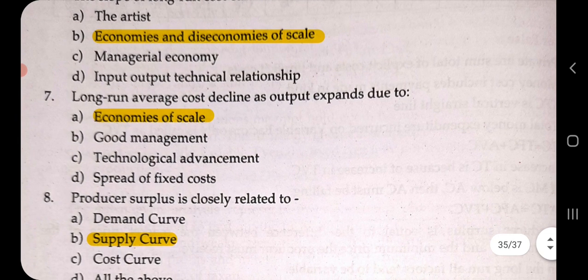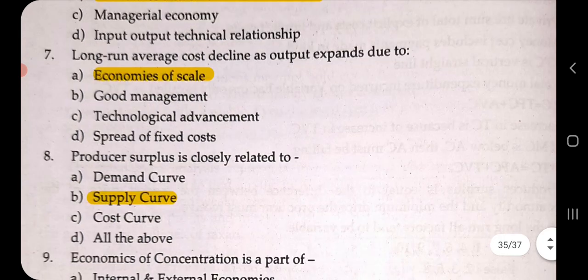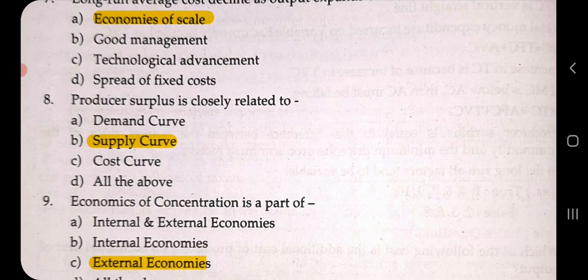Then seventh question, long run average cost curve declines as the output expands due to economies of scale. The answer is A. जब इकोनॉमीज ऑफ स्केल होता है तो लॉन्ग रन एवरेज कॉस्ट कर्व डिक्लाइन होता है as we expand the level of output. Then 8th question, producer surplus is closely related to dash dash supply curve.